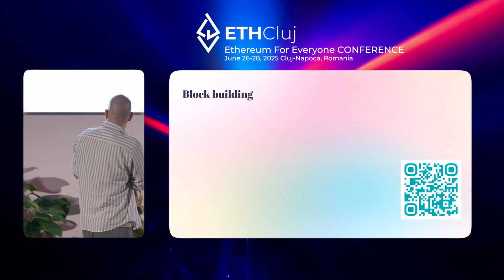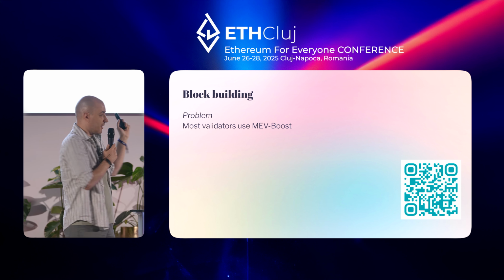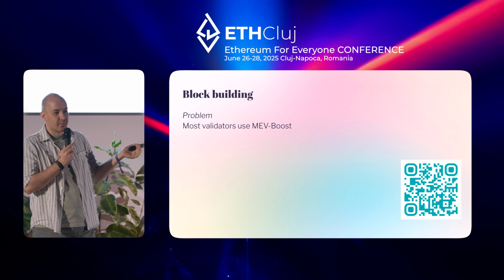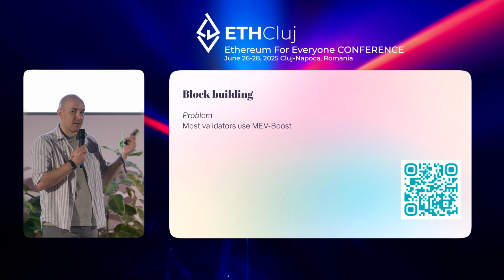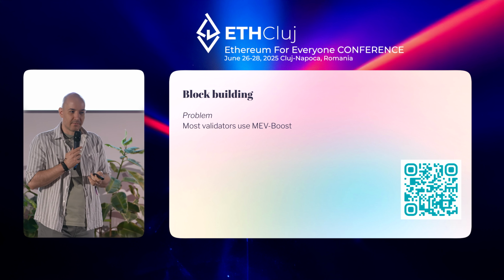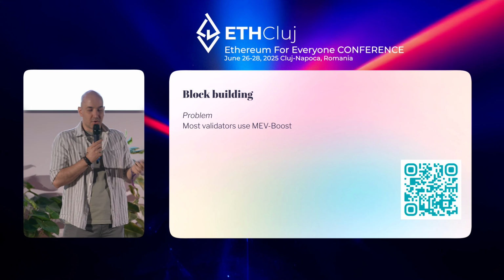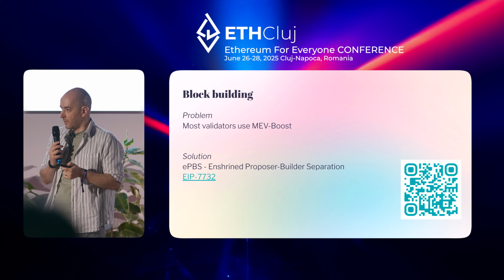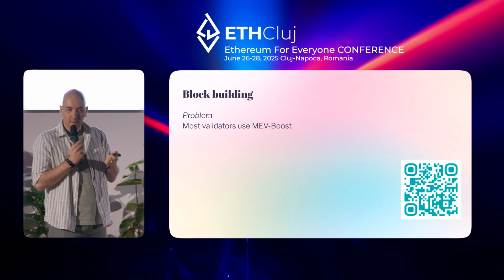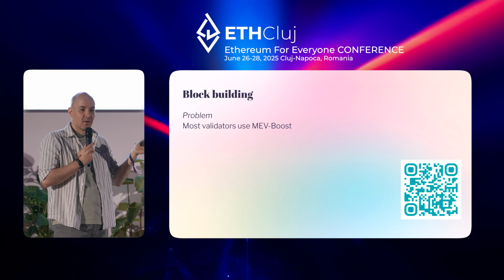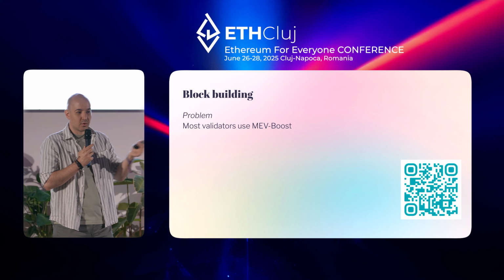Block building. Currently, most of the block validators and block builders use MEV-Boost to create new blocks. That gives much better efficiency in block building and extracting the MEV, and most of the validators use it. What is the problem with that? The problem is that if you have centralized MEV-Boost, you rely on a centralized entity for that to work.